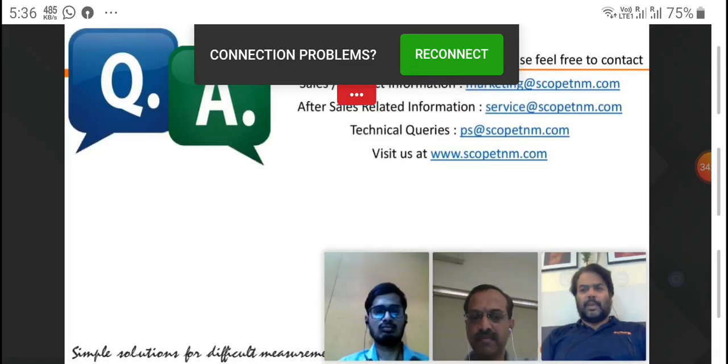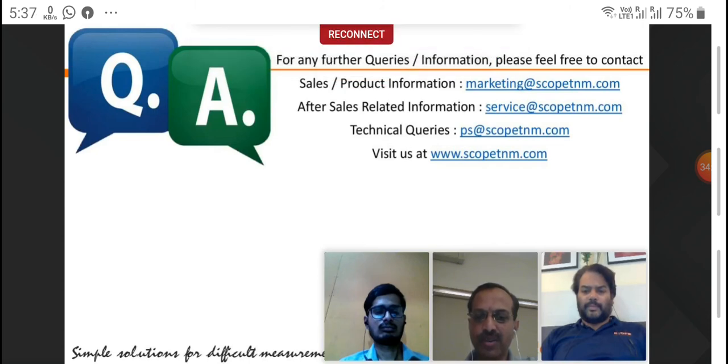Any other questions? I think we covered almost all questions. Related to this LV cable, it is better we go ahead with the diagnosis. First we have to do the IR, then pre-location. In pre-location we can also find out the type of fault and the approximate distance.